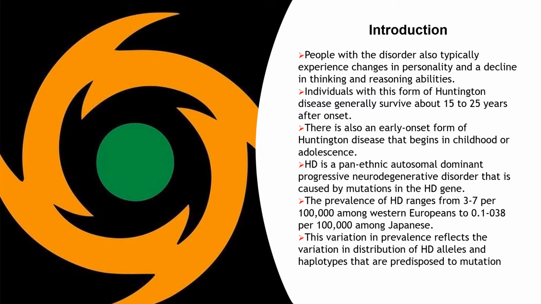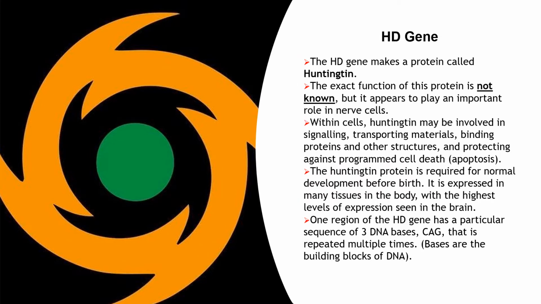The variation in prevalence reflects the variation in distribution of Huntington's alleles and haplotypes that are predisposed to mutation.